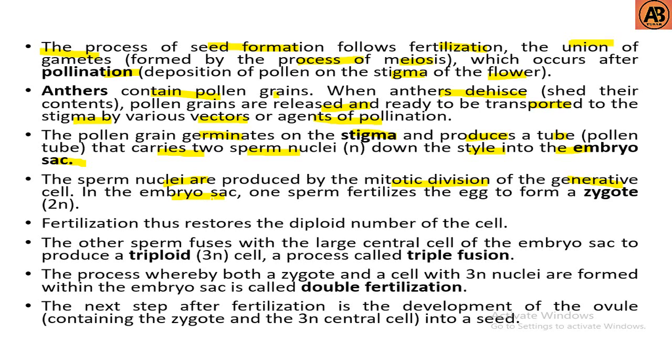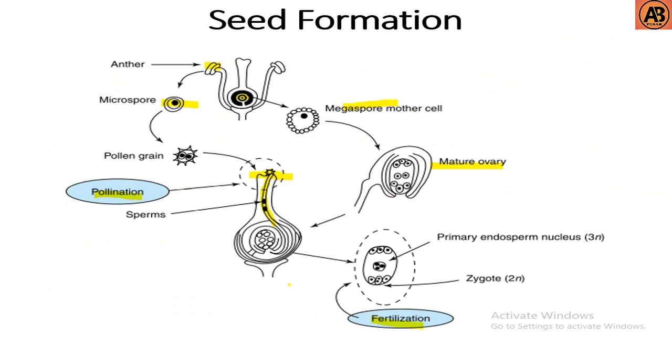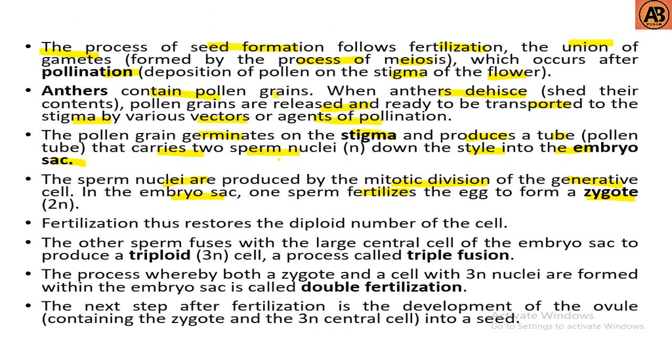The sperm nuclei are produced by the mitotic division of the generative cell. In the embryo sac, the sperm fertilizes the egg to form the zygote. Here you can see that one sperm nucleus goes to form the zygote. Fertilization thus restores the diploid number of the cell.